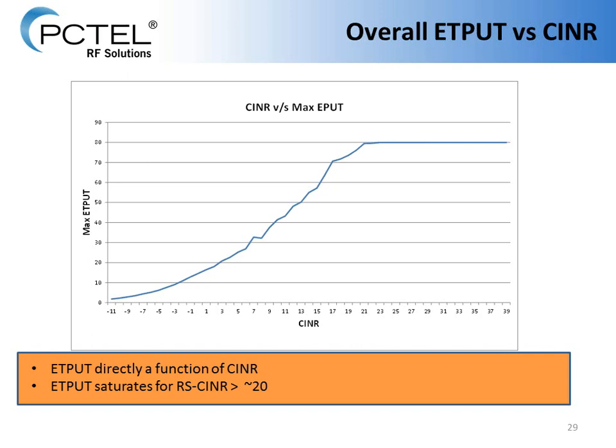But when you get about 20 dB of CINR or SINR, you start to max out what MIMO can do. So throughput is really saturated once you get above 20 decibels when it comes to the CINR.